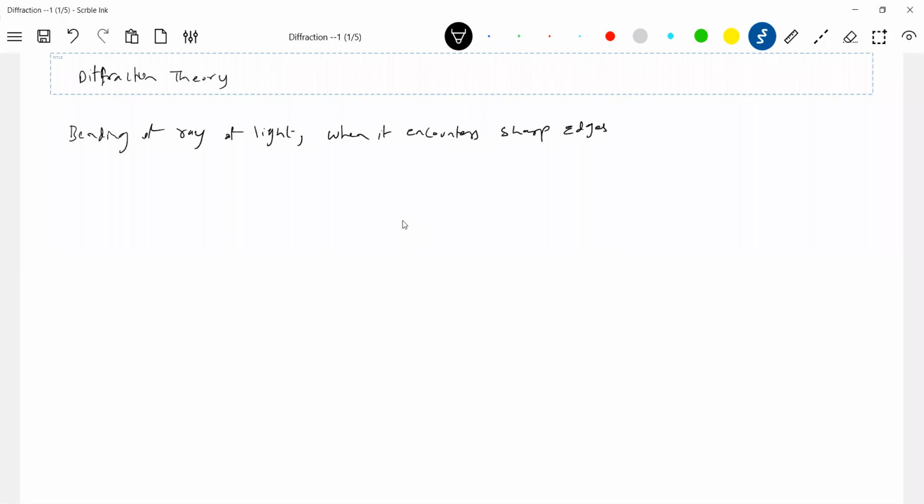What property of light are we taking help of here? Are we discussing the wave nature or the particle nature in diffraction? That we'll see in the experiment. What particular property will light exhibit when it encounters sharp edges? That we are going to analyze here, because now we know both the natures of light.